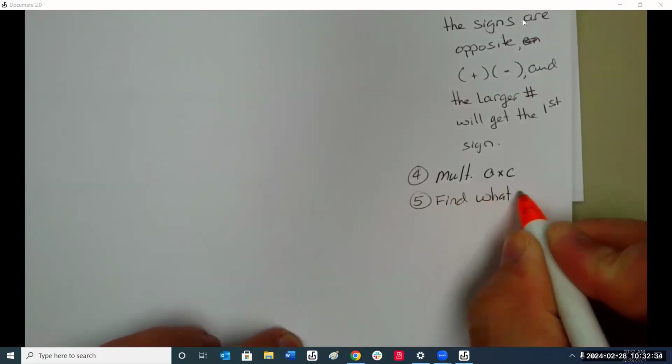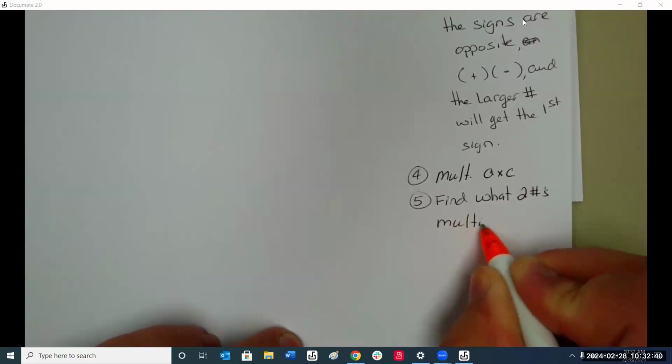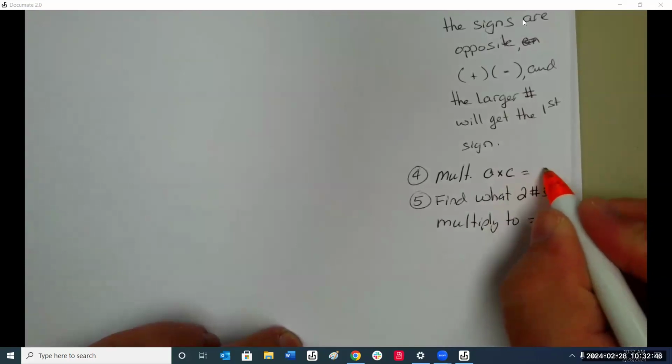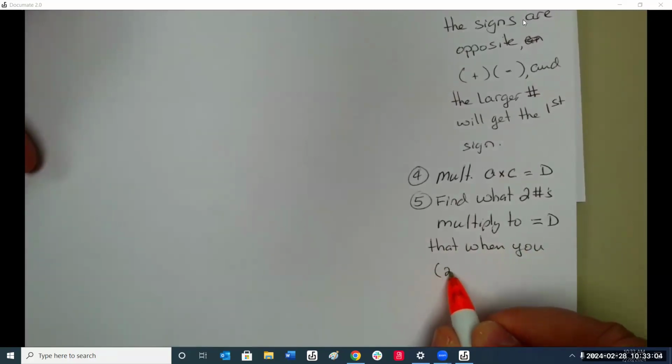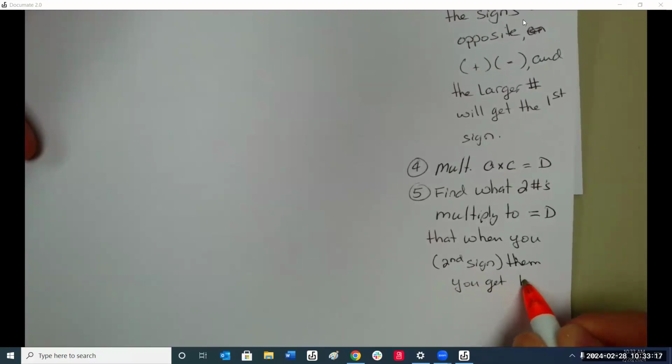Find what two numbers multiply to equal, let's call this D, whatever that A times C is, that when you add or subtract them according to the second sign, you get B.